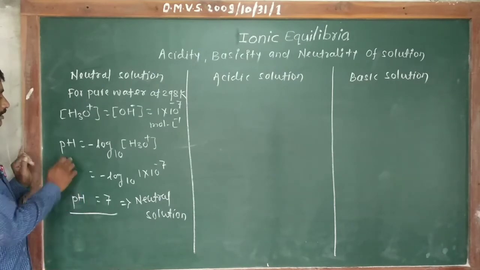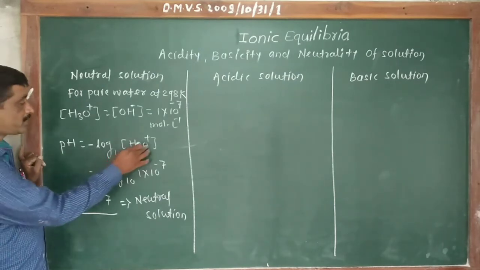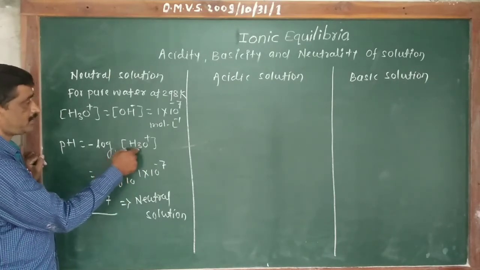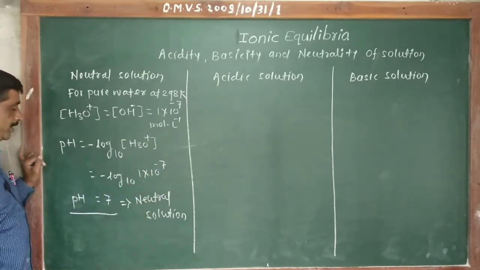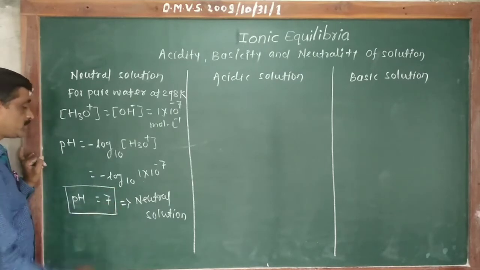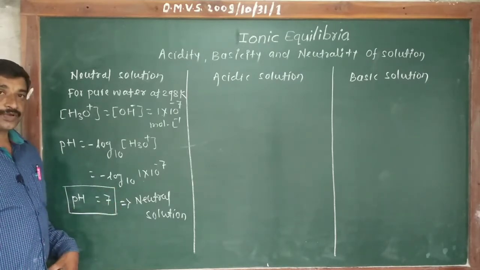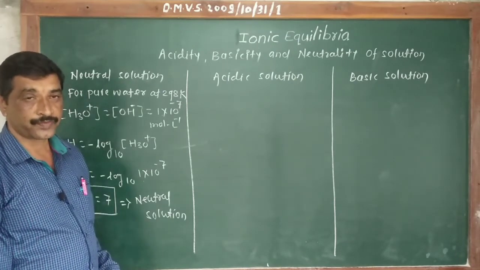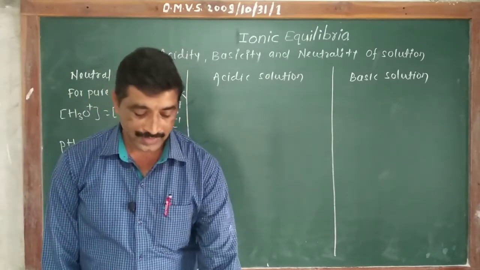And if we take the pH of the solution, then pH is equal to negative log of H3O+ ions. The value of H3O+ ion concentration is substituted here as 1 into 10 raised to minus 7. Then we get the pH of the solution equal to 7, and if the pH of any solution is equal to 7, then we say that solution is the neutral solution. So a neutral solution always has pH 7.